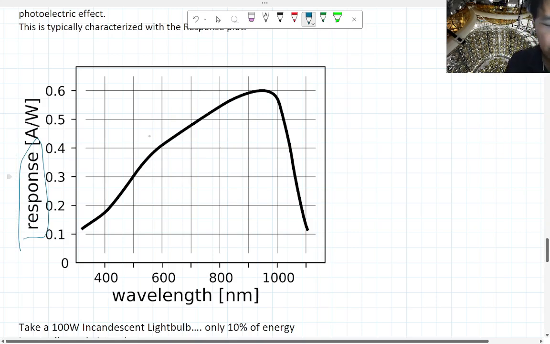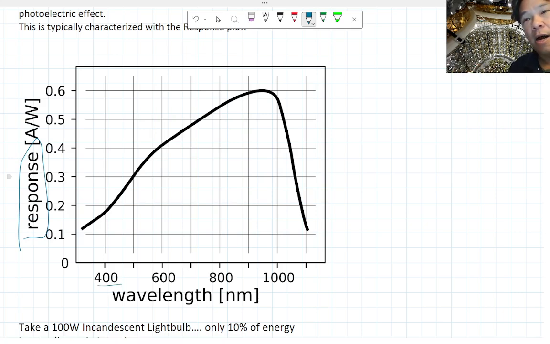If you have a 400 nanometer wave, which is basically blue light, for this particular photodiode it has a very low response, meaning you get a very small amount of current per watt of power that you provide to it. This peaks right at about 950 nanometers, which is near infrared. So this is probably some near infrared sensor that someone built.